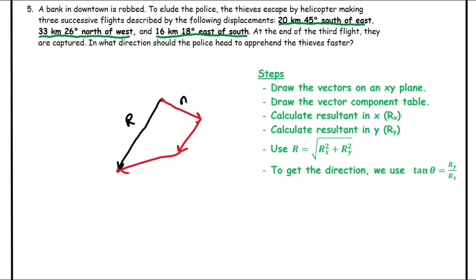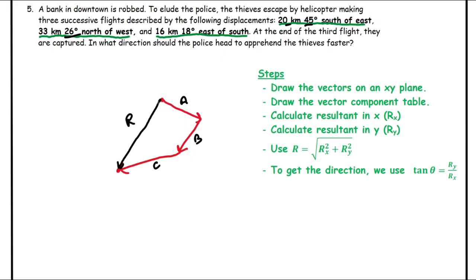So if we call this the first flight that they make A, this one B, this one C, described by 20 kilometers 45 degrees south of east and all these other vector directions given, the police have to know the resultant in order to apprehend the thieves faster.